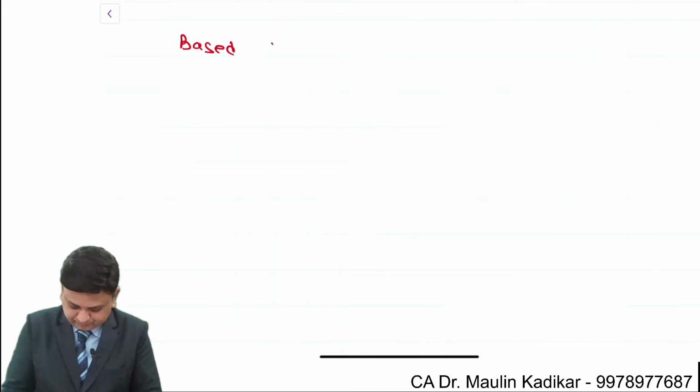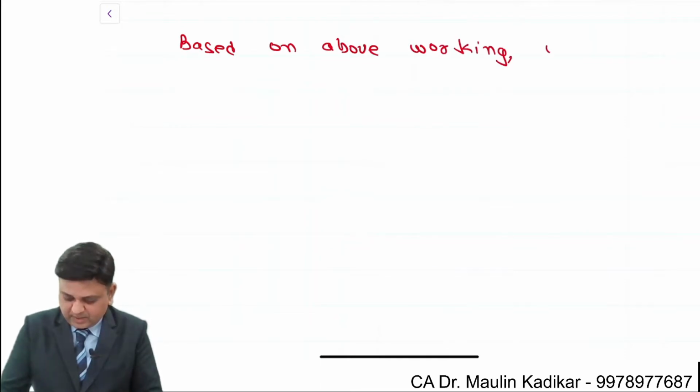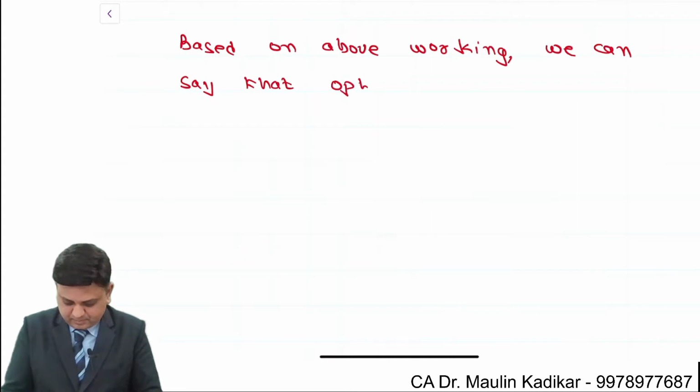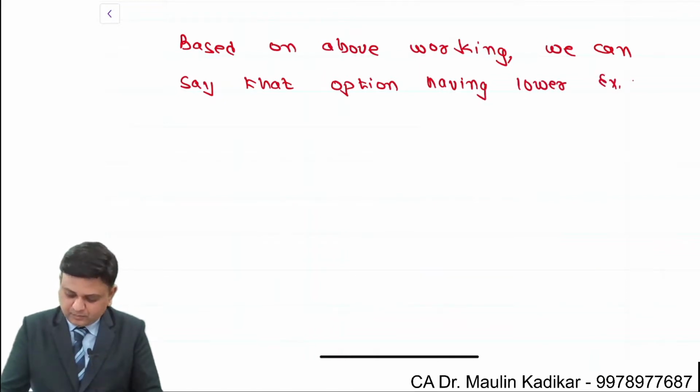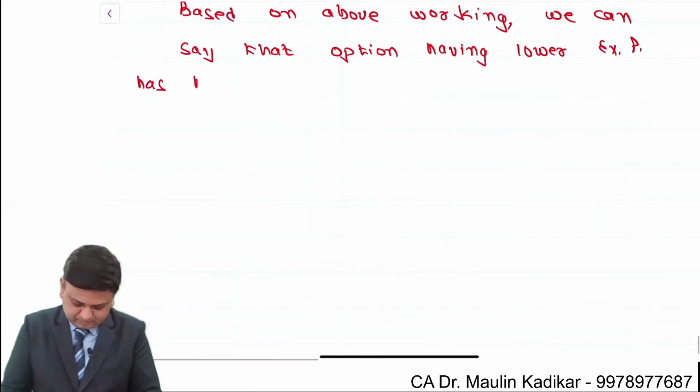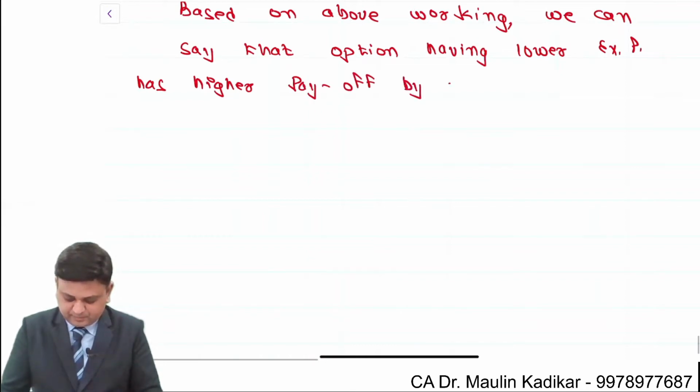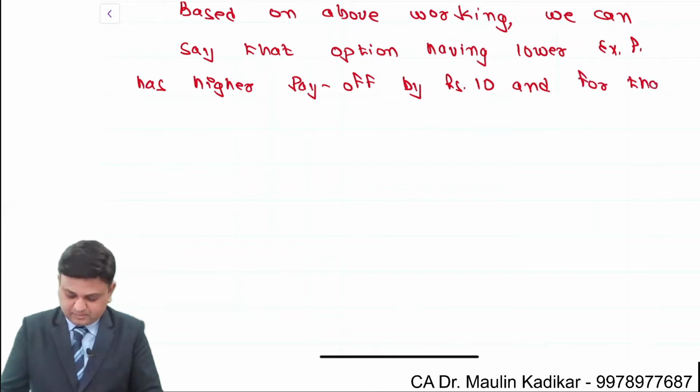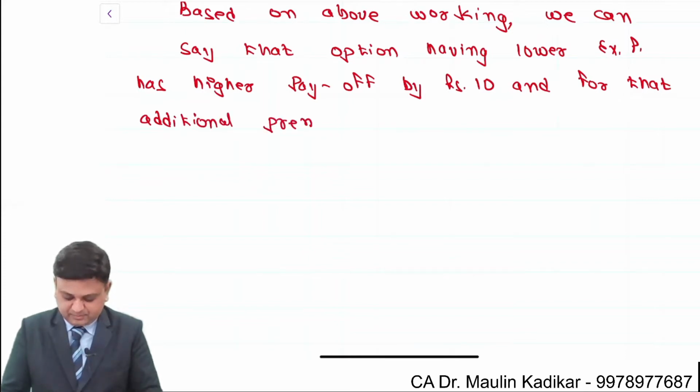Based on the above working, we can say that the option having lower exercise price has a higher payoff by rupees 10, and for that additional premium, rupees 3 is to be paid.